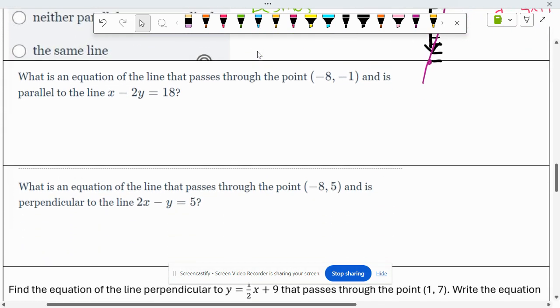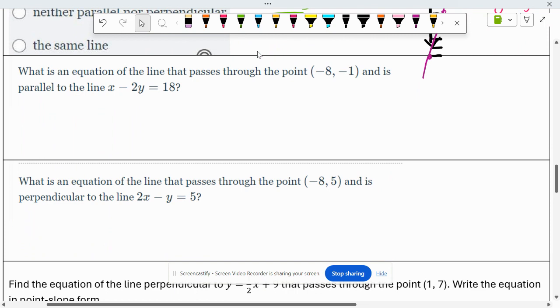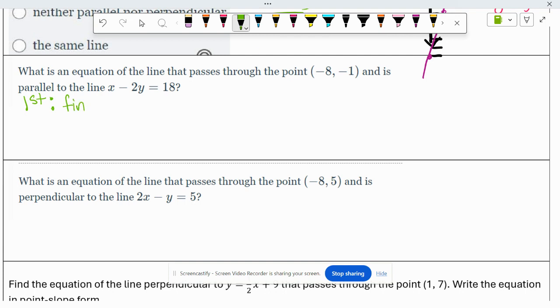All right. What is an equation of a line that passes through the point -8, -1, and is parallel to the line x minus 2y equals 18? So what do we need to do first? It's in standard form. We have to find the slope of this line.